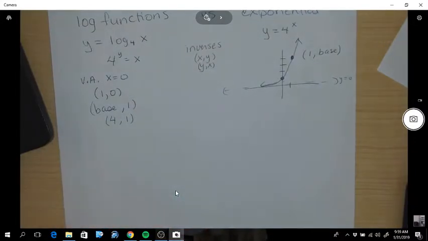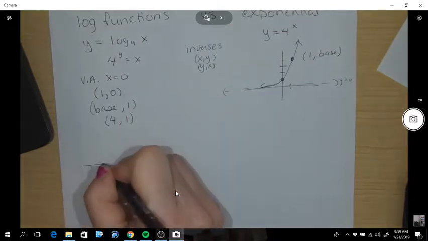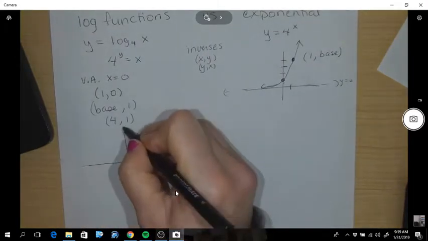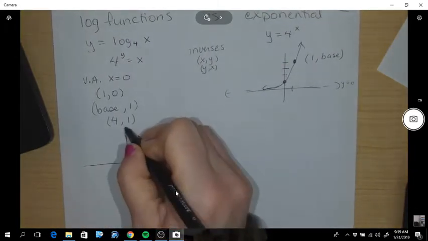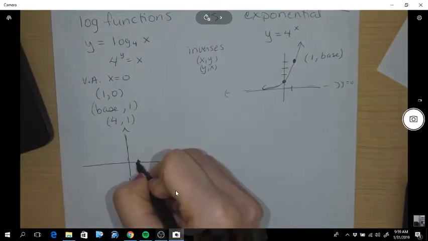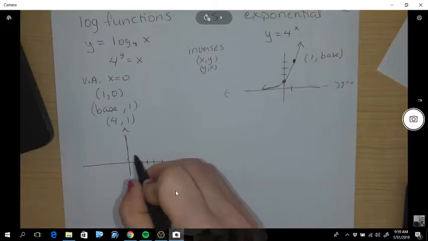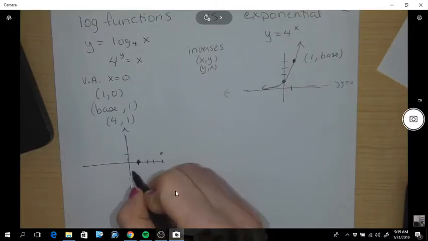Or in our case, (4, 1). Okay, and so when we graph, there's x equals 0. We're going to have the point (1, 0) and (4, 1).